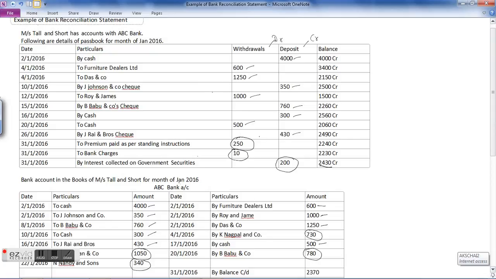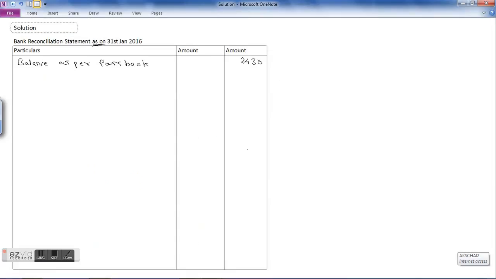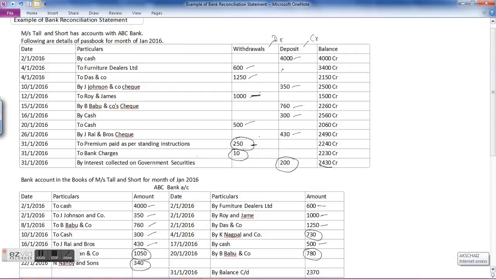Now we will see all the circled transactions one by one. To premium paid as per standing instructions. First one, that is rupees 250. Here, to premium paid as per standing instructions, rupees 250. Now see, we are doing it as per passbook, 2430 balance.